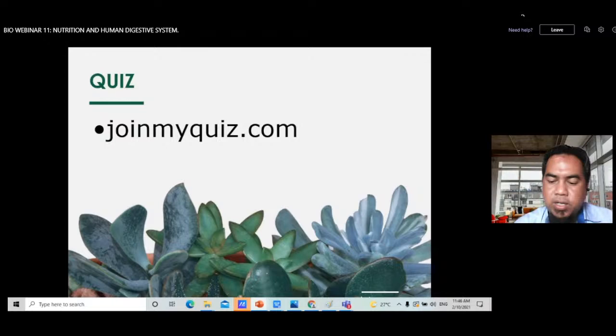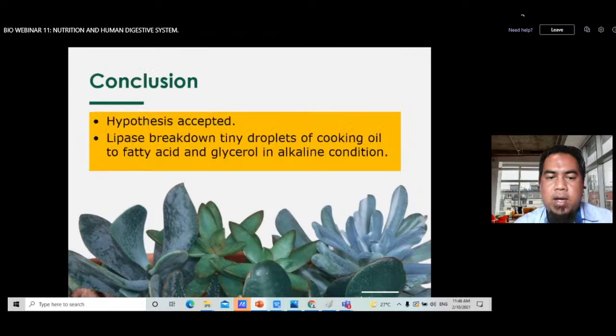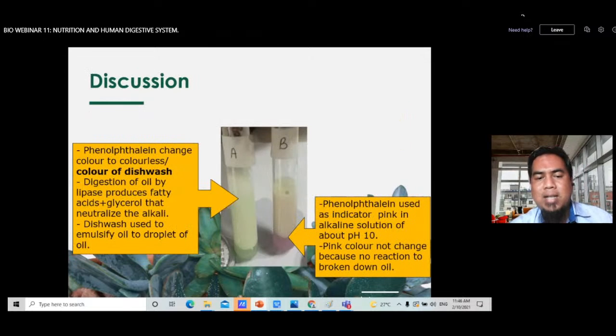Sodium carbonate solution tujuannya adalah untuk menyediakan persekitaran beralkali, okay, untuk larutan tersebut bagi aktiviti enzim lipase.